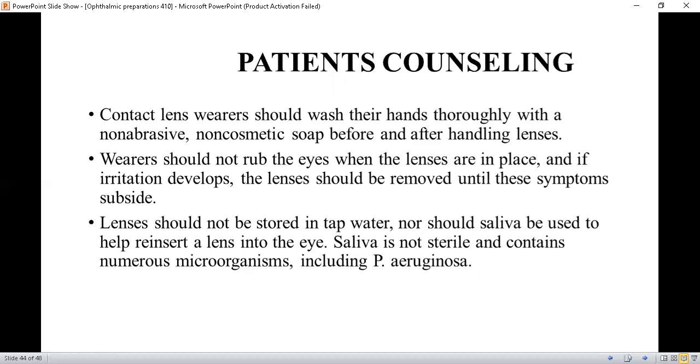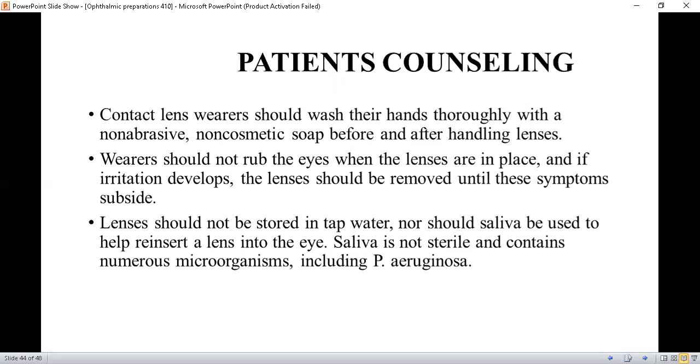Wearers should not rub the eyes when the lenses are in place, and if irritation develops, the lenses should be removed until these symptoms subside. Lenses should not be stored in tap water, nor should saliva be used to help reinsert a lens into the eye. Saliva is not sterile and contains numerous microorganisms, including Pseudomonas aeruginosa.